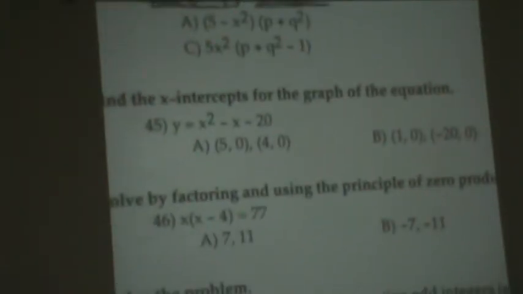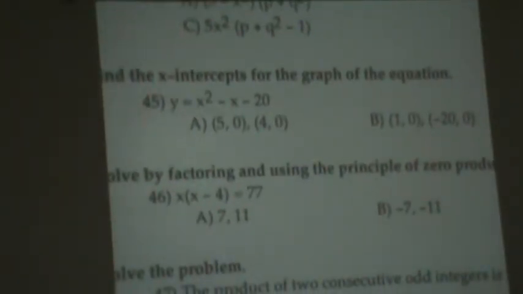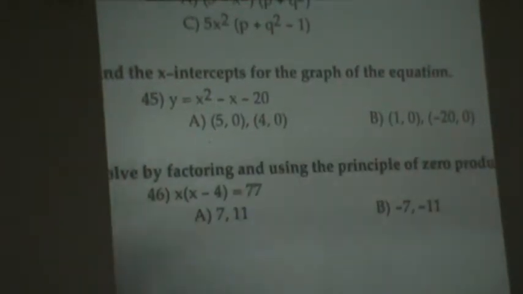Find the x-intercepts. Okay, so what that's telling you is set y equal to 0, and you just have to put your answer in a different form. You have to put it like it's coordinates. So first, y equals 0. So just change the y to 0. Factor it. x squared is x times x. 20, 1 times 20, 2 times 10, or 4 times 5.